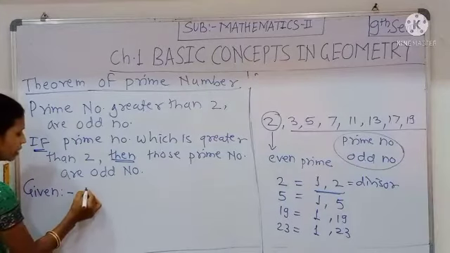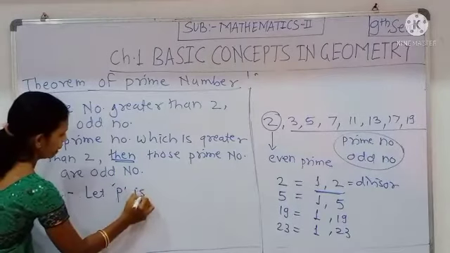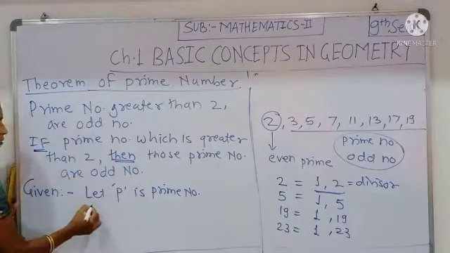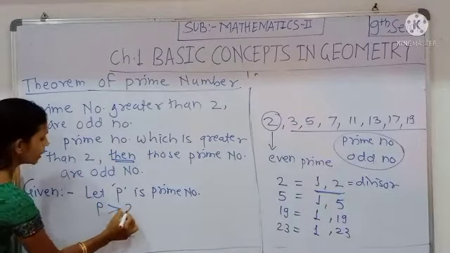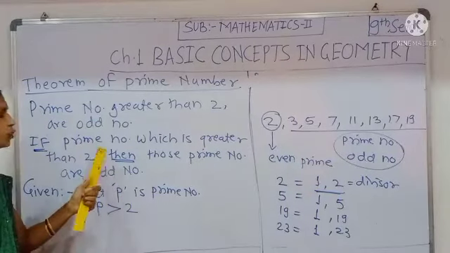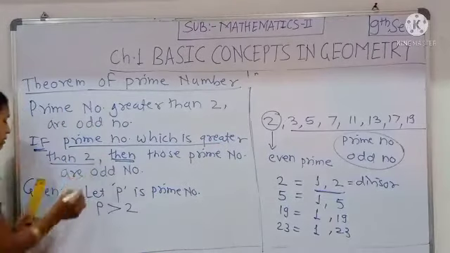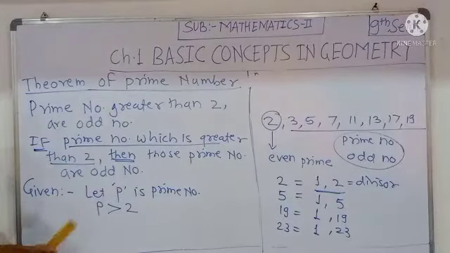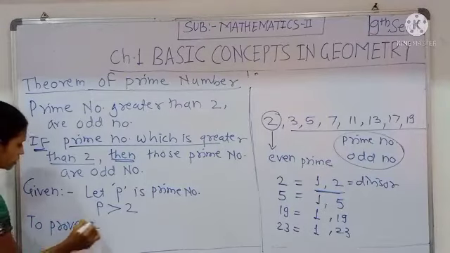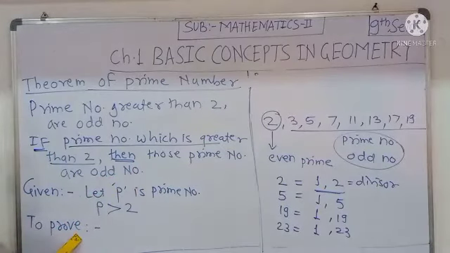That means here, let us consider P is a prime number and P is greater than 2. That means P is a prime number and P is greater than 2 is the antecedent. Therefore, it is written in the given part. And the consequent is written in the to prove part.